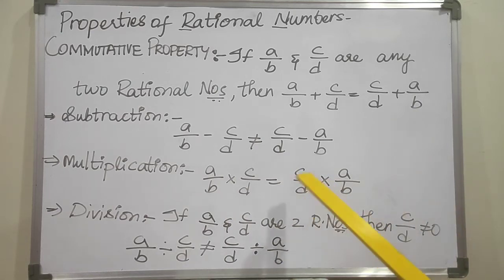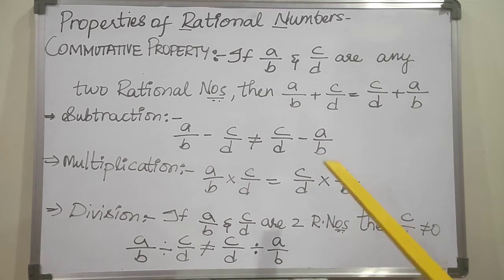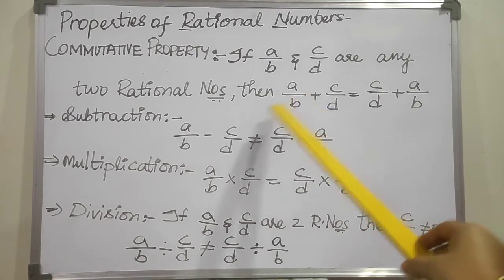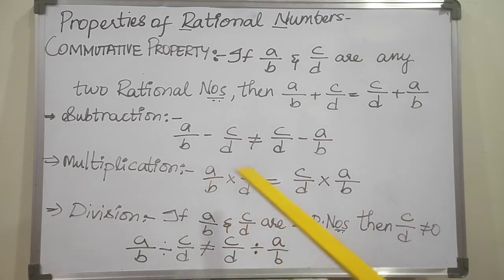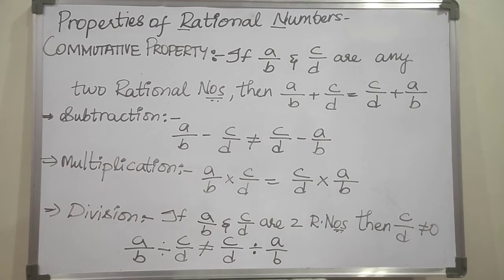You have to observe the operations, plus, minus and into. When the question is about operations, you have to be keen in observing the question and do accordingly. Now the division: what happens if we interchange the positions of rational numbers in division?